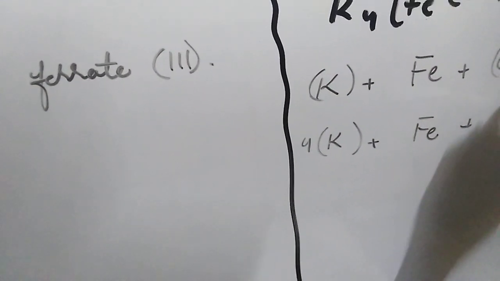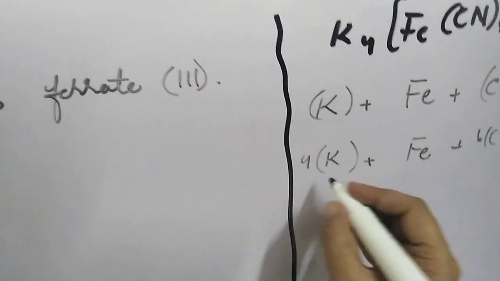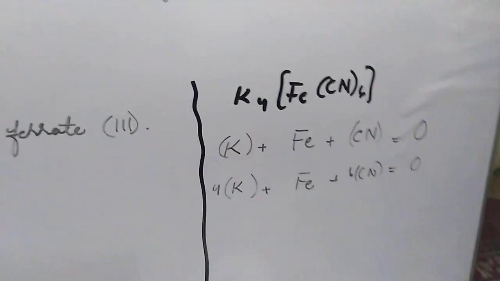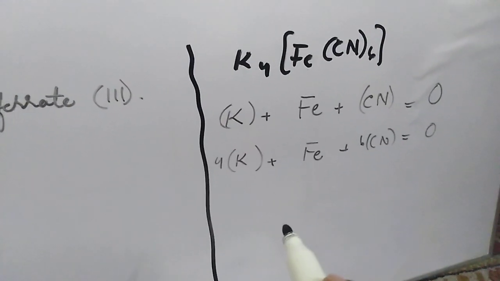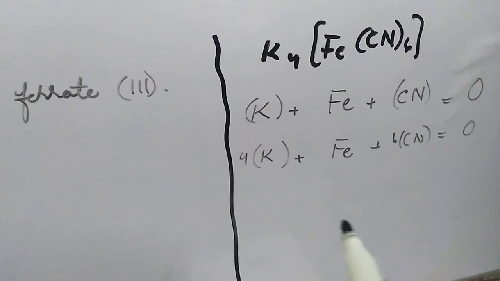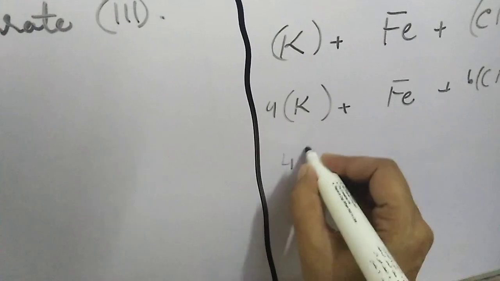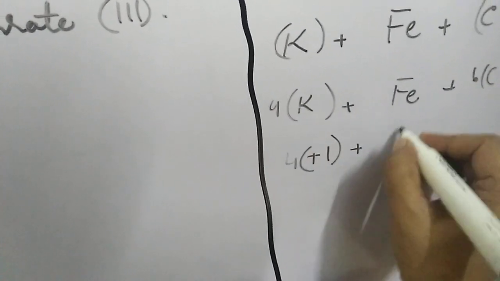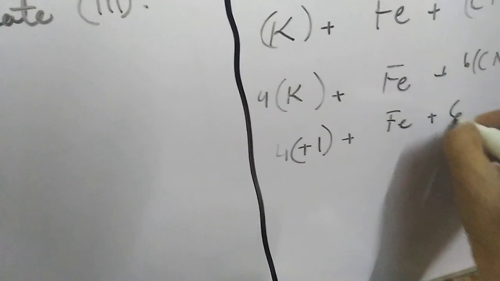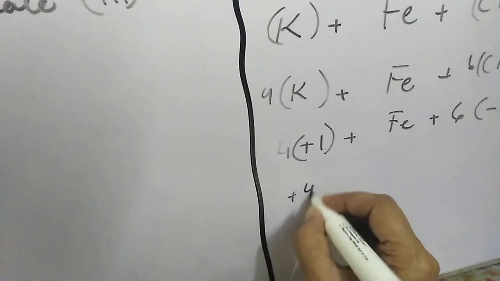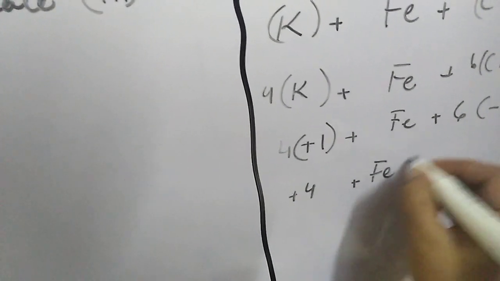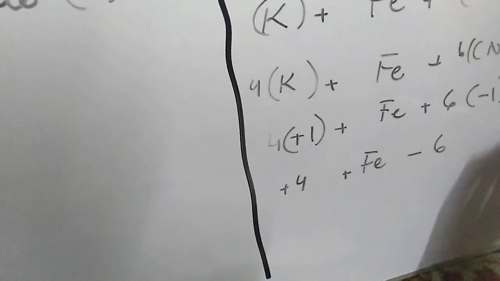Cyanide has 6. Mostly we calculate the oxidation state of the metal, so we should know the oxidation states of the other species, otherwise we cannot easily calculate. Potassium has +1 oxidation state, iron we don't know, cyanide has -1 oxidation state. So +4, plus iron, minus 6, equals 0.